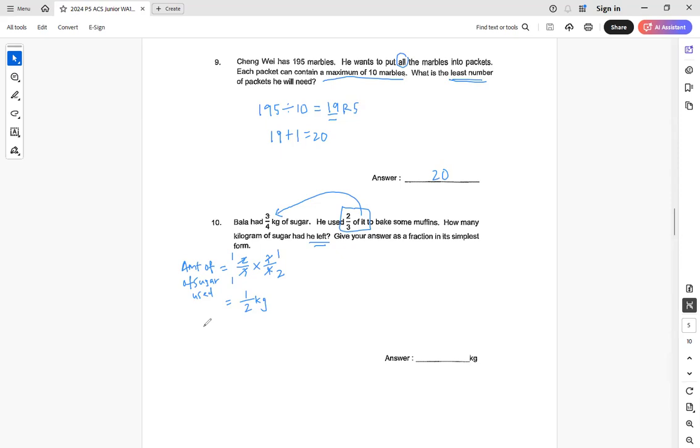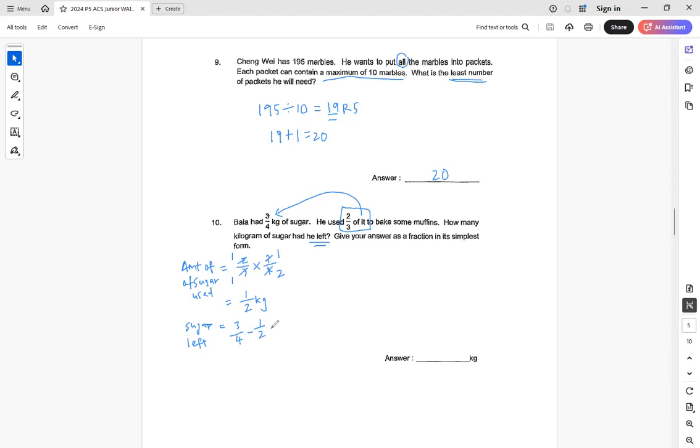So to find sugar left, originally, Bala had 3/4 kg. He used half a kg, so I have to do subtraction. Take the original, which is 3/4, minus what he used.